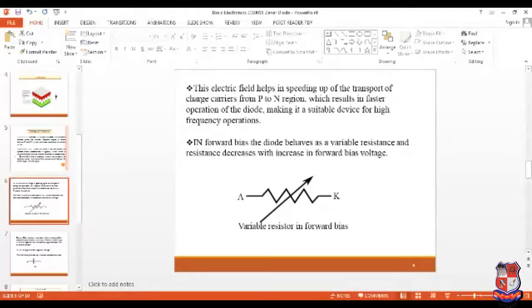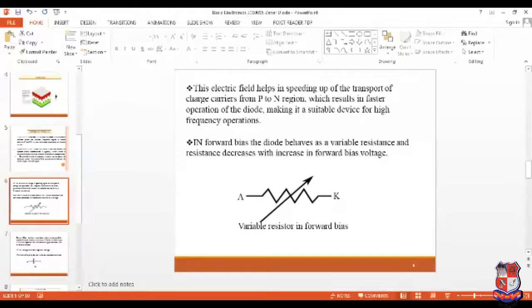It is important that the length of the depletion region is approximately the same as that of the intrinsic region. As the depletion region expands, in the reverse direction it acts as a capacitor, and in the forward direction it acts as a variable resistor.